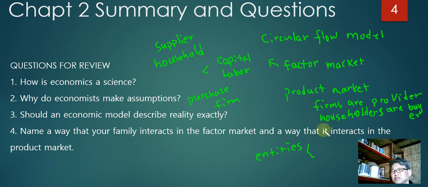Here, two entities are assumed: household and firm. They interact in two markets, right? I told you, the factor market and the product market, and they interact together.